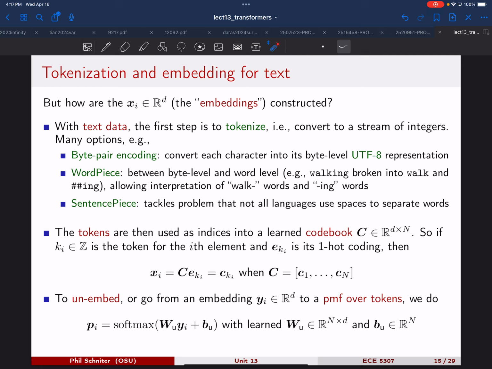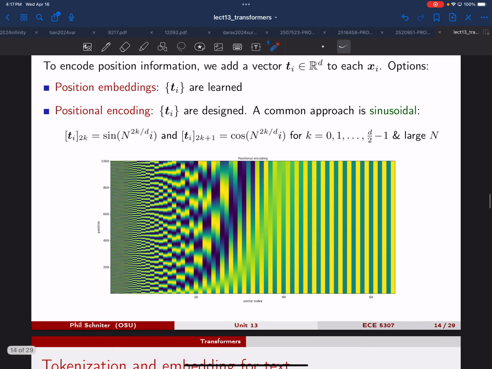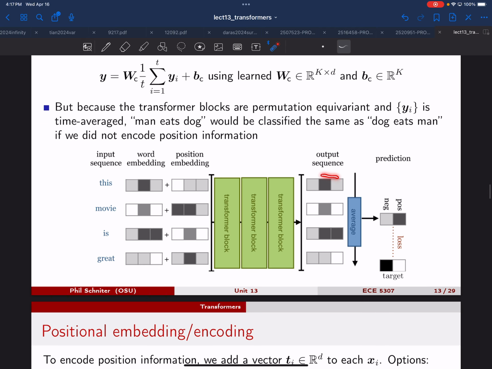So that's how we go from the tokens to the embeddings. And now, once this goes through the transformer and we get an output sequence, these are all embeddings from our codebook, but this is not guaranteed to be in the codebook. It's probably some linear combination of codebook words.